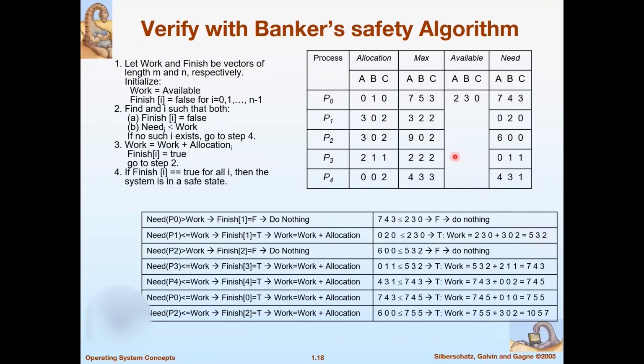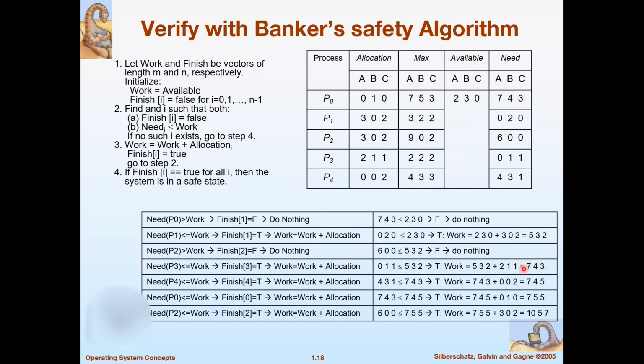So the available or work will be updated by the number of resources allocated to P3, that is 211. Because after completion of P3, it will release all the resources and now the current available will become 743.